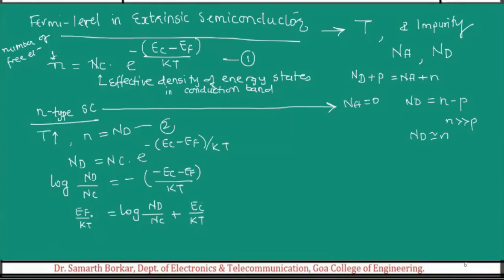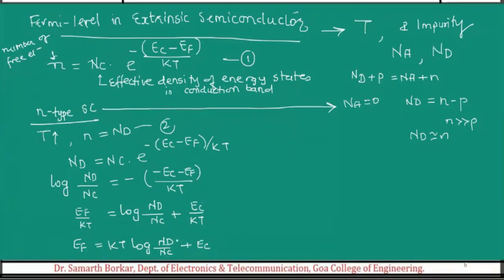What we are interested in is finding the Fermi level. So the Fermi level Ef will be equal to kT log of Nd by Nc plus Ec by kT. kT gets cancelled, so it is Ec.